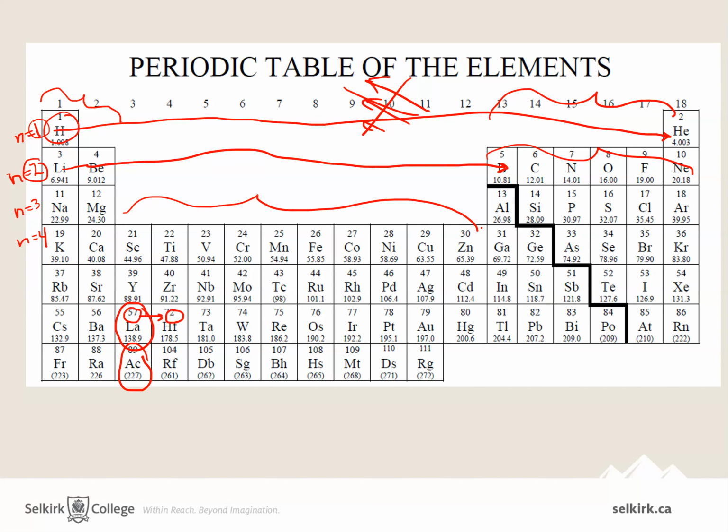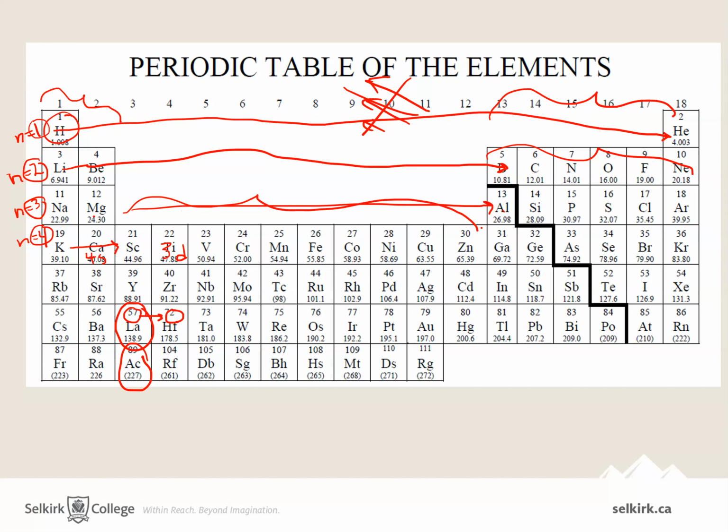And after 2s comes 2p. And after 2p comes 3s. And then 3p. And after 3p comes 4s. And after 4s, hey, we're in the D block. Now, if there's a little trick, this is going to be it. The 4s is followed by the 3d.